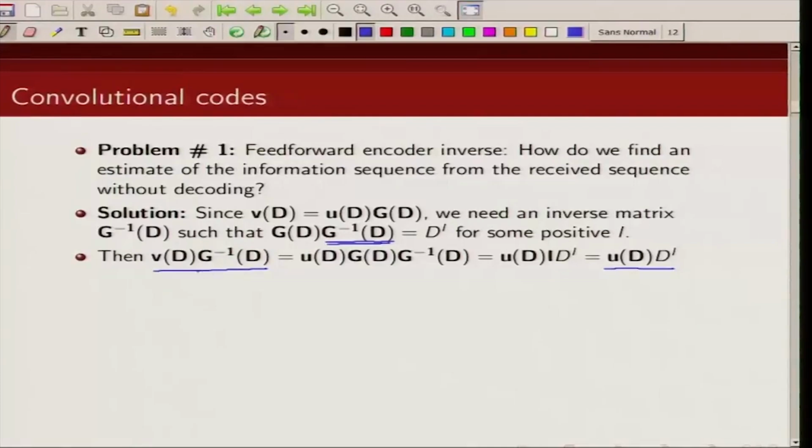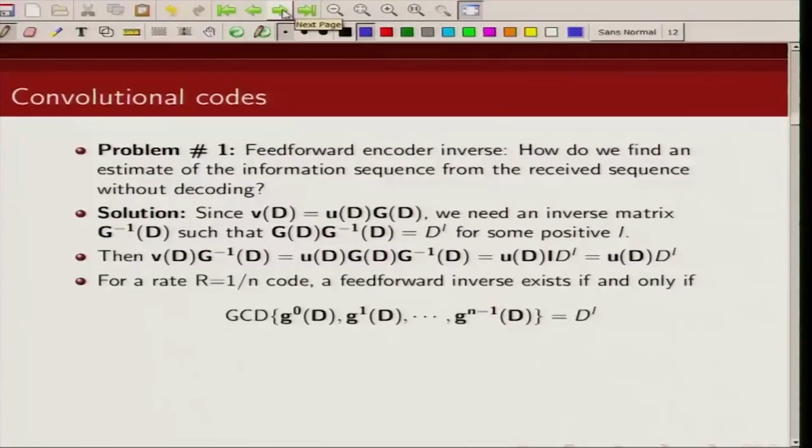If you have your information sequence passing through this encoder inverse circuit, we can directly get back our information sequence. In many cases, for example if the channel conditions are good, you may want to first directly estimate the information bits, so you may want to pass the received sequence through this encoder inverse circuit.